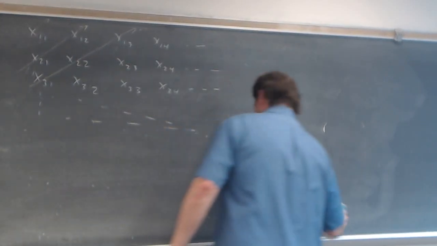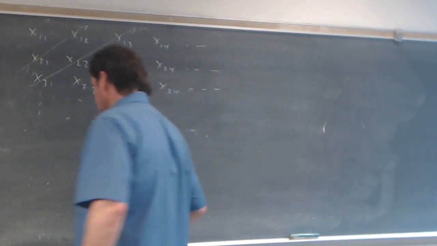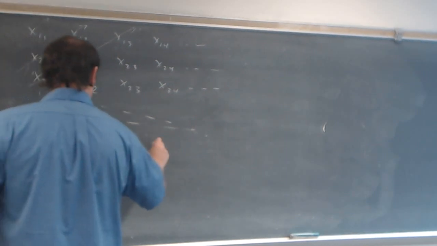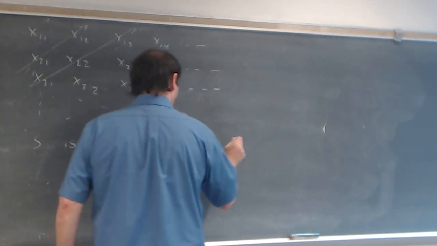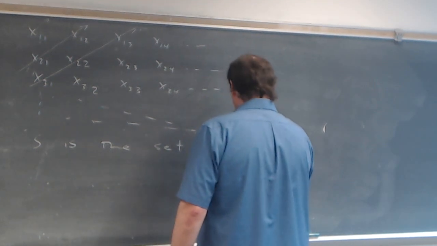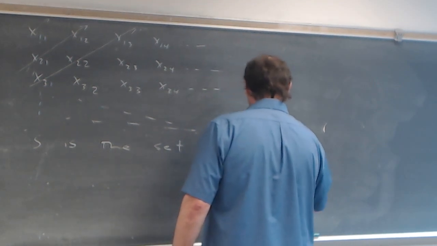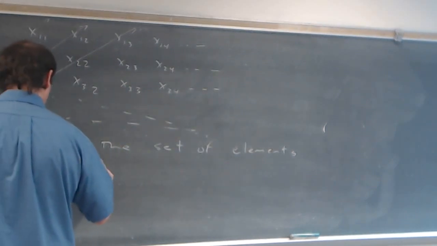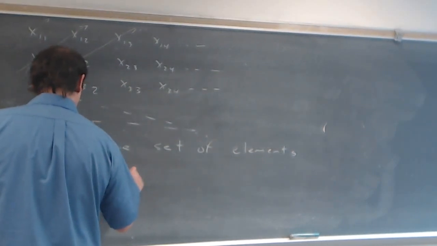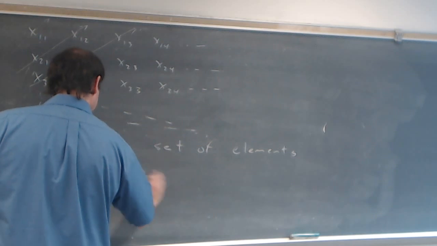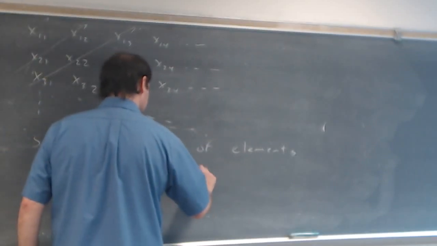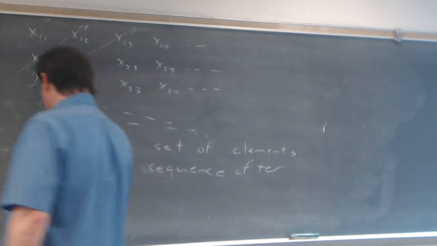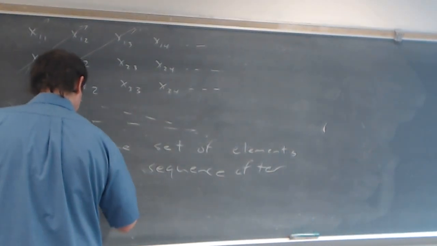So S is the set of elements from our sequence after the repetitions have been removed.